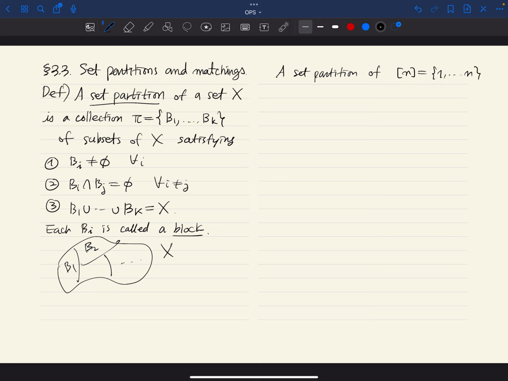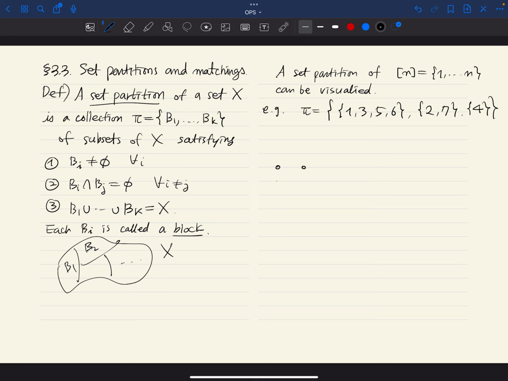We can visualize this using a diagram. So for example, let's say a set partition example. Pi is like {1, 3, 5, 6}, {2, 7}, and {4}. It's really simple.